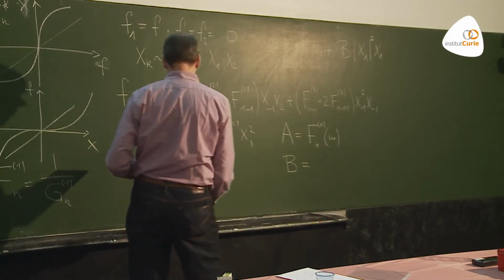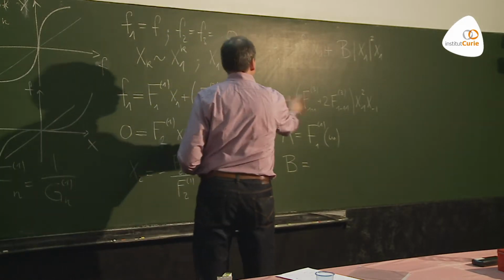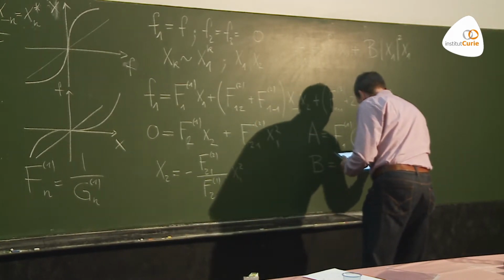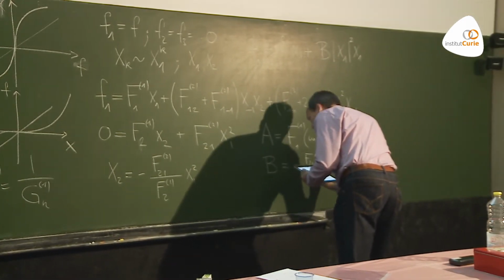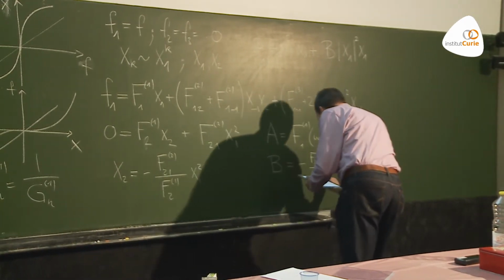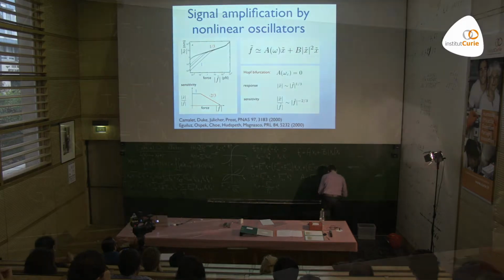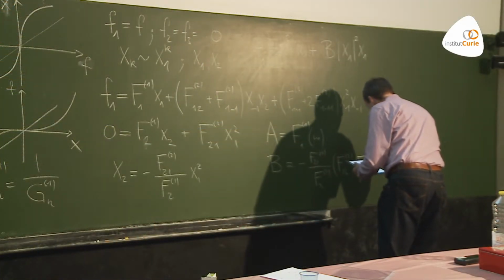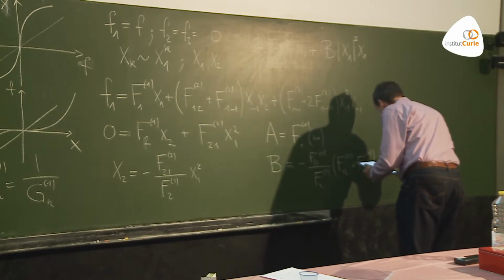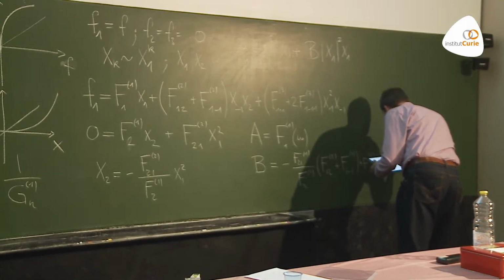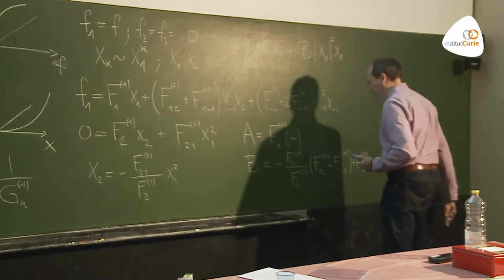So b I simply get by taking all these cubic nonlinear terms into account. And it looks like F2 1 1 over F2 2 times F2 1 2 plus F2 1 minus 1 2, plus F3 1 1 1 plus 2 F3 1 minus 1 1.